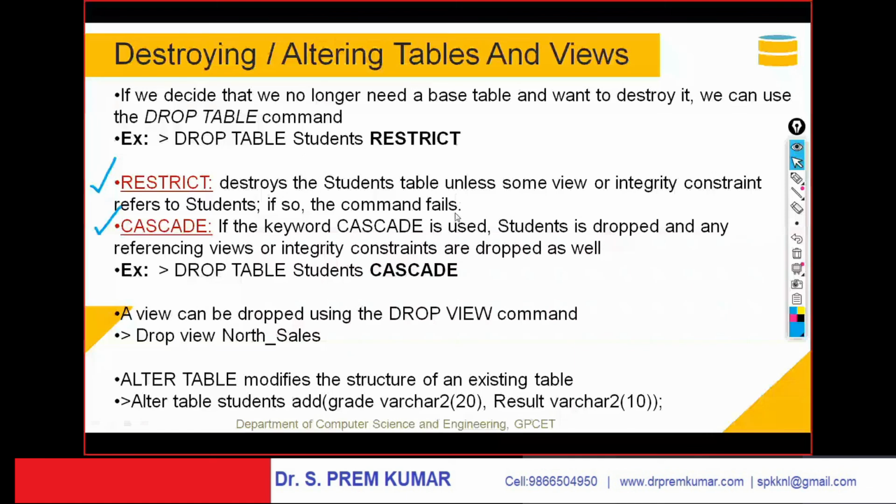Suppose students is a base table. On this table, there are some views. Now, if I want to delete the student table, it will not be deleted because there are dependent views. Hence, if I use the command restrict, if there are some views or constraints, the table will not be deleted. It says there are some dependents on this table, and hence I can't delete.